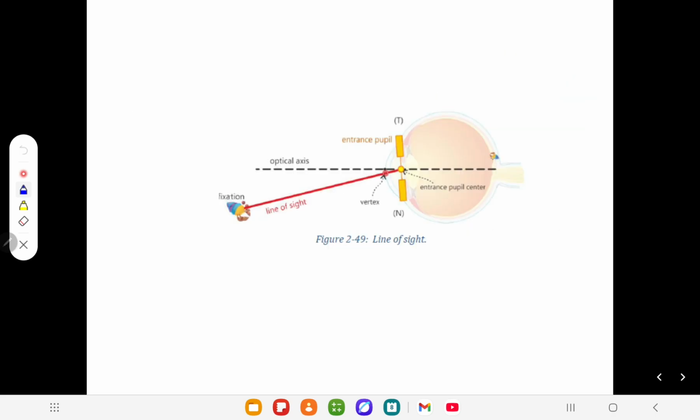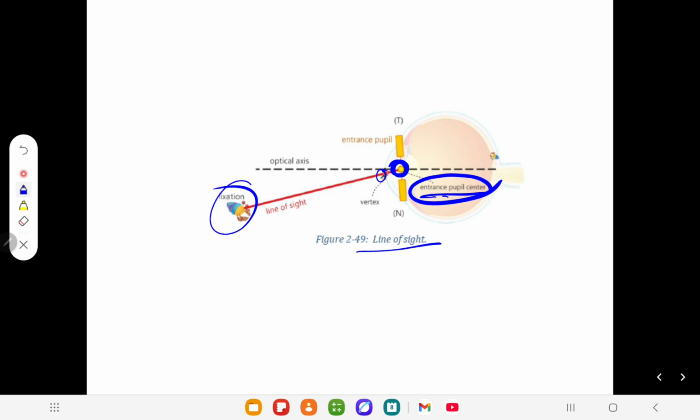Okay, so this is the line of sight, from fixation to the entrance pupil. It's the center of the entrance pupil that is important, not the center of the pupil. Many of the students write center of the pupil. It's not the center of the pupil, it's the center of the entrance pupil. Just understand these things because it's really important whenever you are going to write the answers.